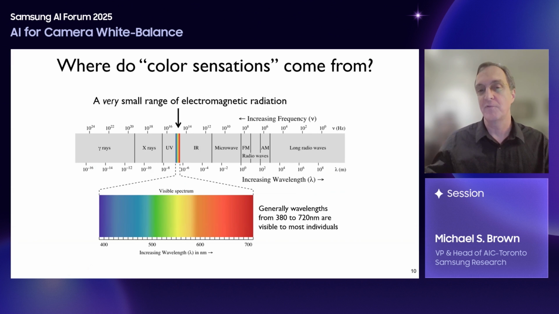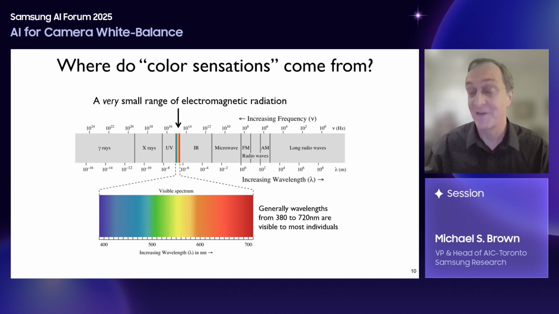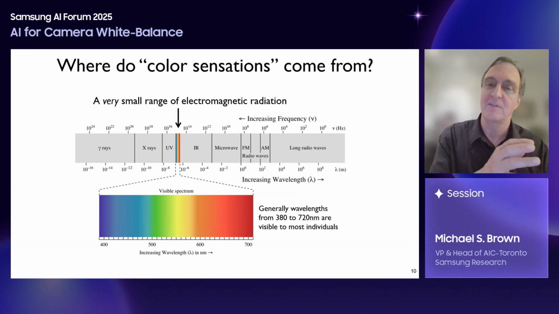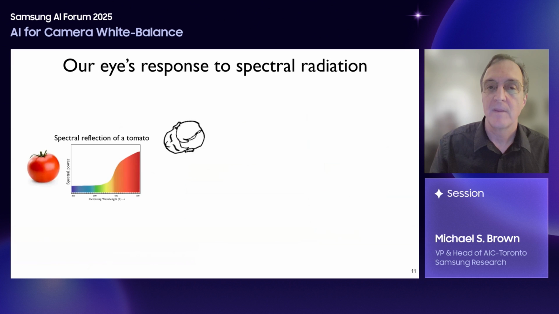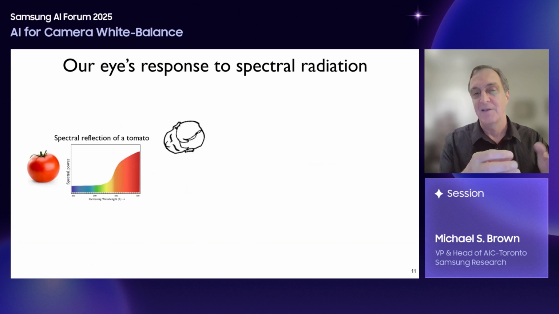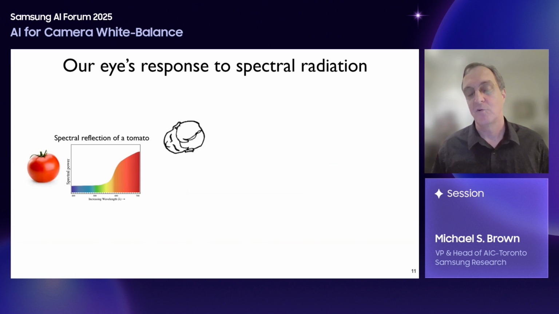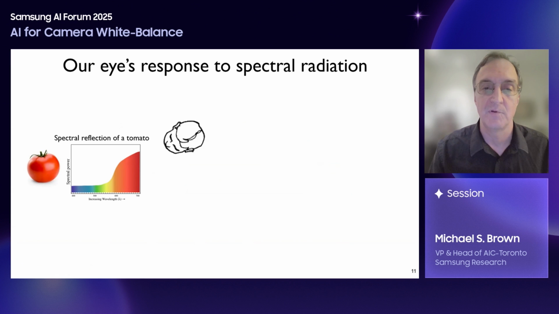The physical world is full of electromagnetic radiation, from gamma rays to X-rays, ultraviolet, and there's a certain range that's known as the visible spectrum in terms of wavelengths. So when you're looking at a tomato, you're not looking at the color red, you're looking at its reflectance of the spectra. You could imagine that this tomato reflects the visible light spectrum like this. We call this a power spectral distribution.